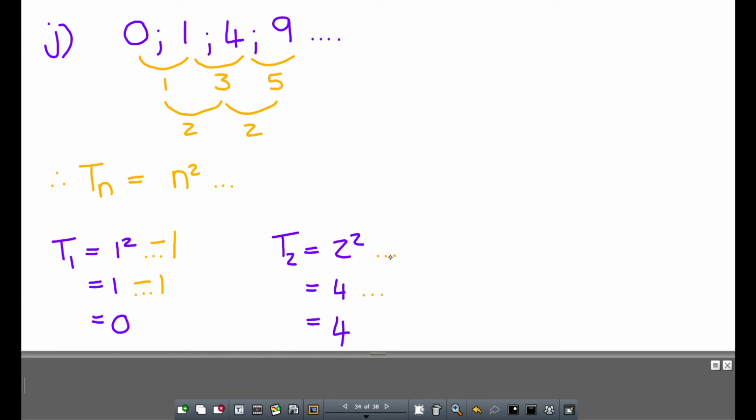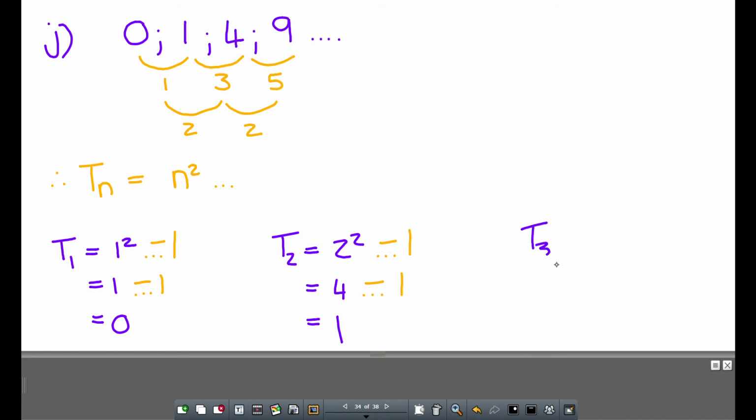If I do the same at term 2, 2 squared minus 1 would be 4 minus 1. And does that give me 4? Oh, sorry. It's supposed to give me 1. Okay, so do you see that minus 1 is not going to do the trick? Let's write out term 3 as well.